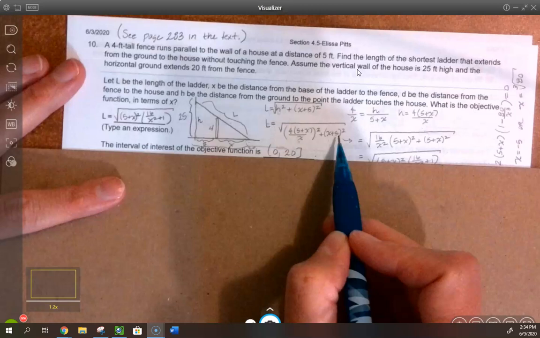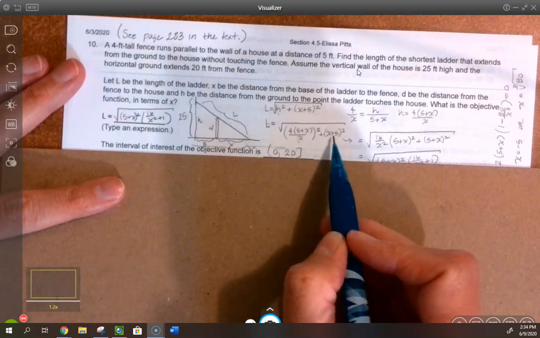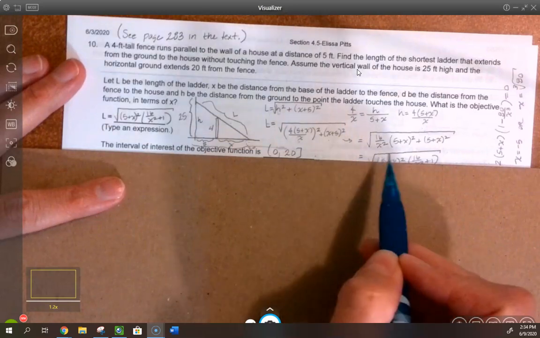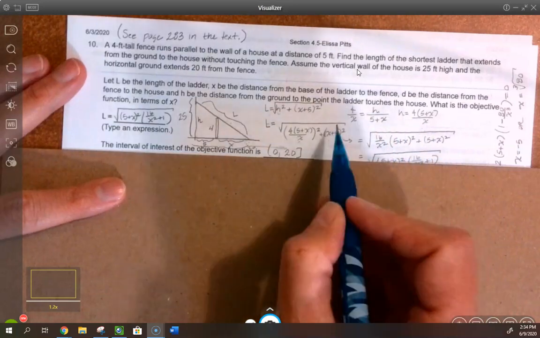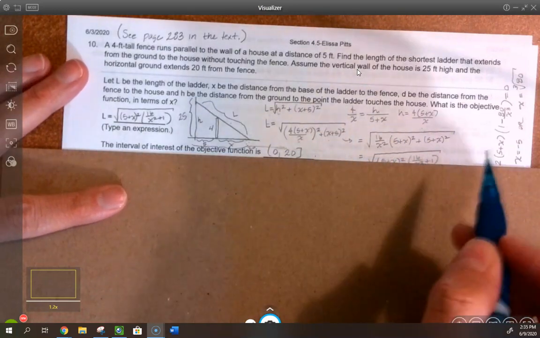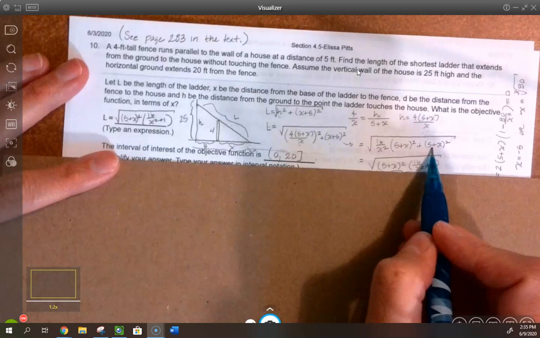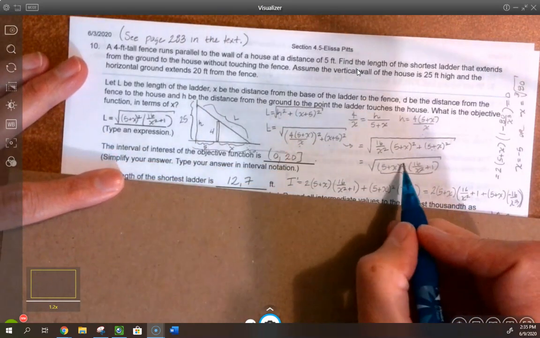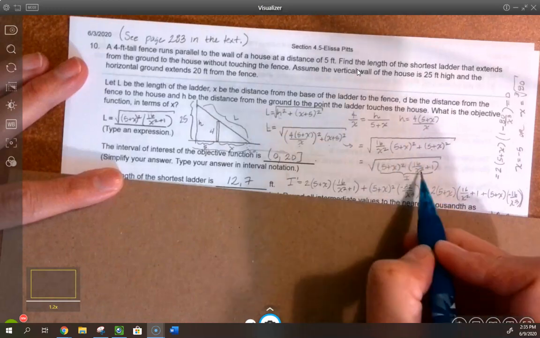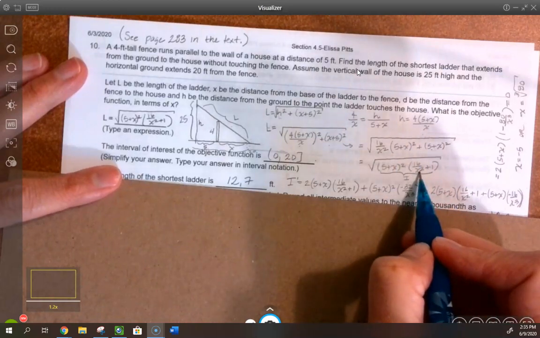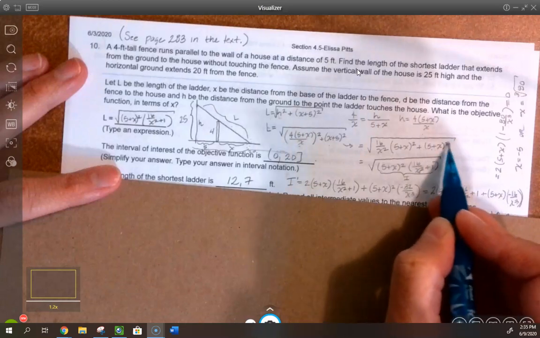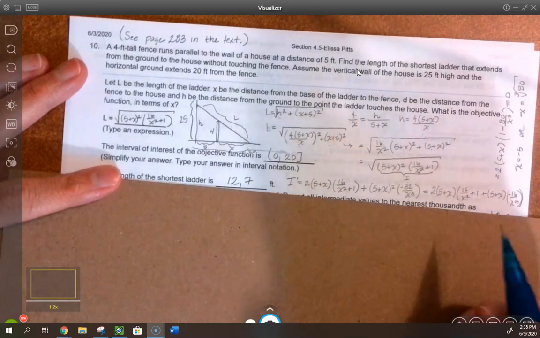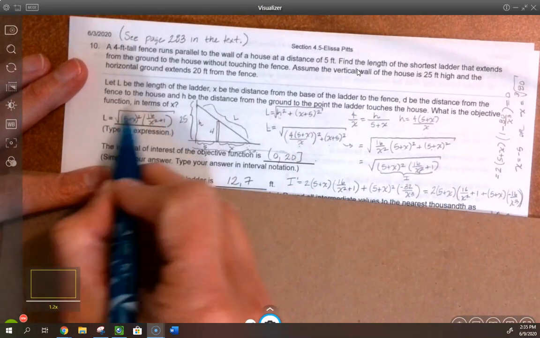It doesn't matter. I squared everything in here. Then they factored out a 5 plus x squared out of each of these terms. When you factor it out of this term, you're left with 16 over x squared, and out of the other term, you're just left with 1. That's how they got this answer right here.